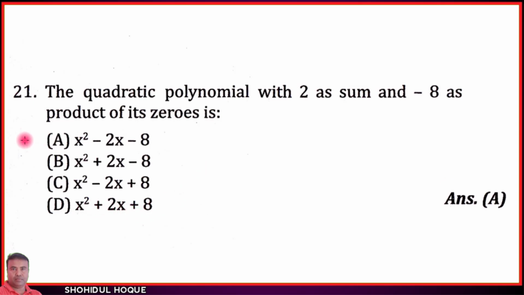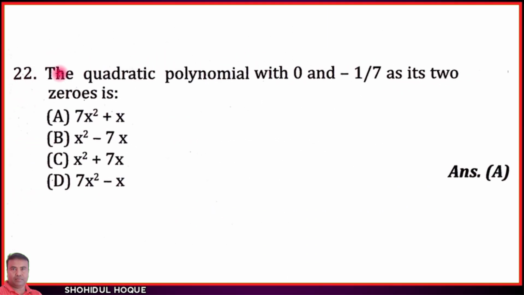Correct option A, x square minus 2x minus 8. To verify this, it will take a little bit of time. As we know the formula, the sum of the zeros is minus b by a, and the product of the zeros is c by a. So conversely, applying these two formulas, we can find exactly this answer.